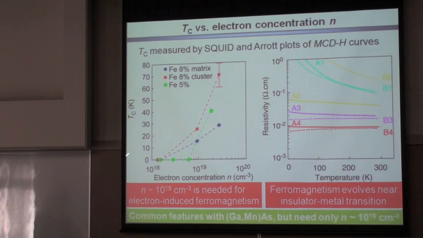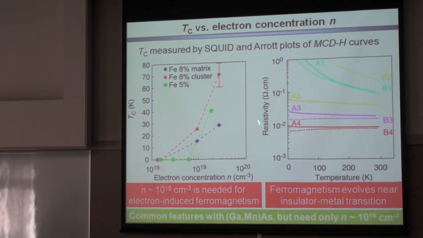So to summarize our magnetic data, this is Tc as a function of electron concentration for various samples. At electron concentration lower than 10 to the 19th, the Tc is 0, that means paramagnetic. But if you increase the electron concentration, the sample becomes ferromagnetic.